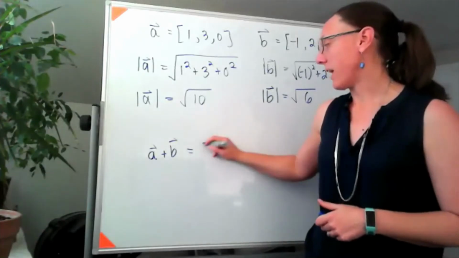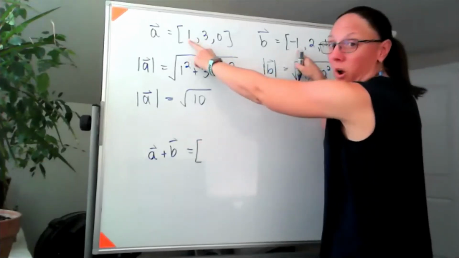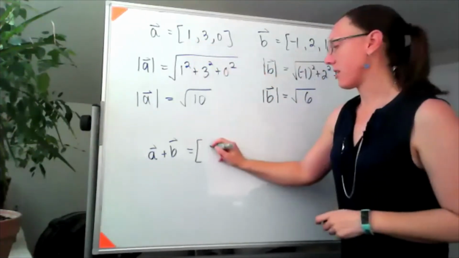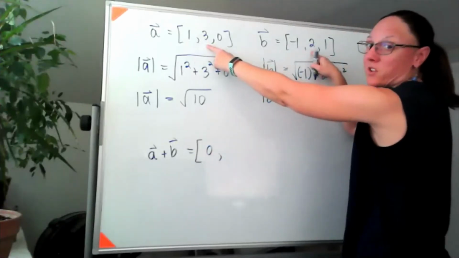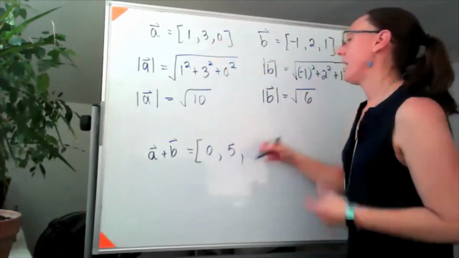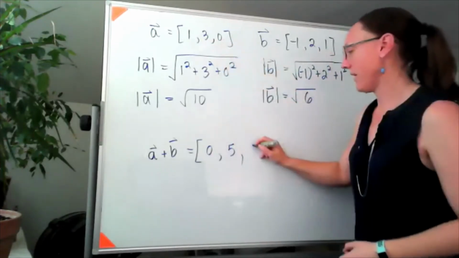So my answer to a plus b, I'm going to add my 2 x components. So 1 plus -1 is going to give me 0. I'll add my 2 y components, 3 plus 2, I'm looking at a 5. And I'll add my 2 z components. So 0 plus 1, I get a 1.